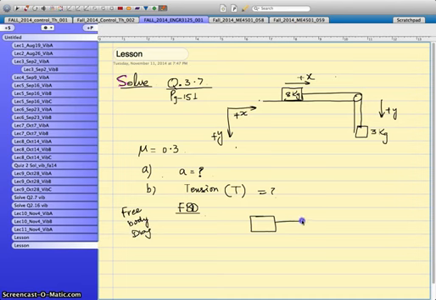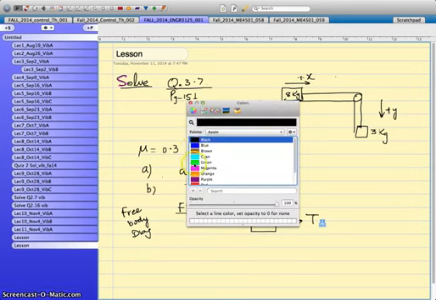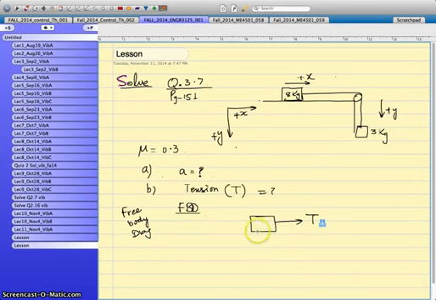So if this block moves to the right, the tension force is here, and the friction force is opposing the movement of this block, mu N. Now it has not been specifically mentioned which mu that is, static or dynamic. The formula is the same.